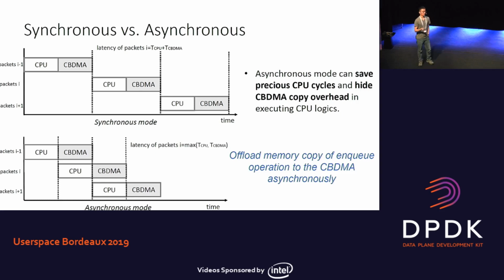The CPU here does not necessarily only mean the vHost-User CPU cycles, but the whole application's CPU cycles. Say, in virtual OVS, there will be vHost-User memory copy cycles, and you will have a whole bunch of pipelines waiting to be executed. So we can be almost certain that the CPU cycles will be longer than the CBDMA cycles in most cases. That means the overhead of the CBDMA memory copy can be hidden.